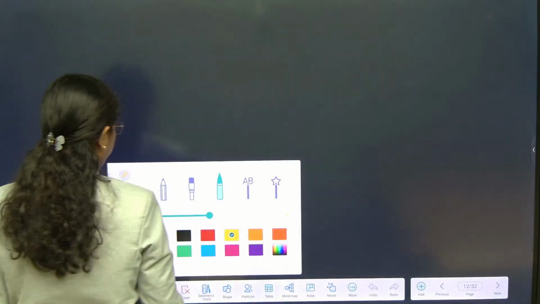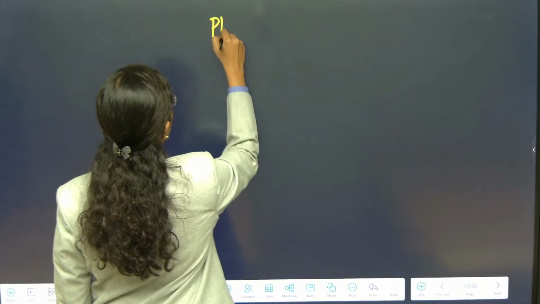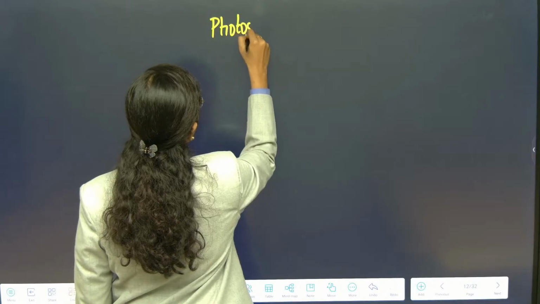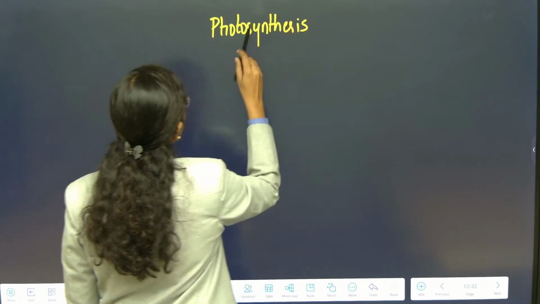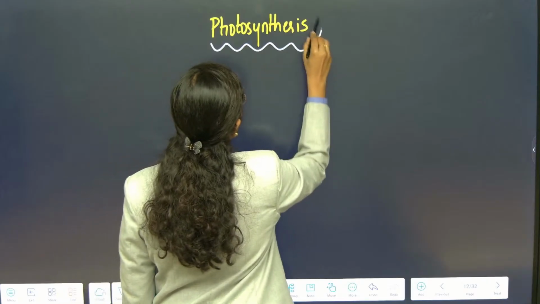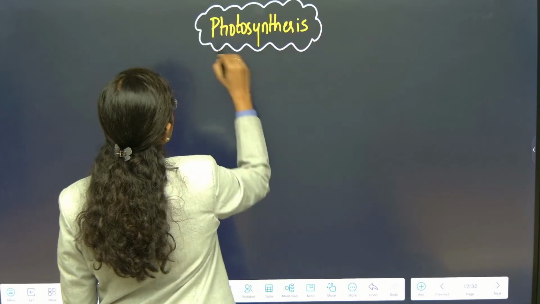What are light dependent reactions? What are light independent reactions? Let us look into it clearly. Photosynthesis has both light reactions and dark reactions.